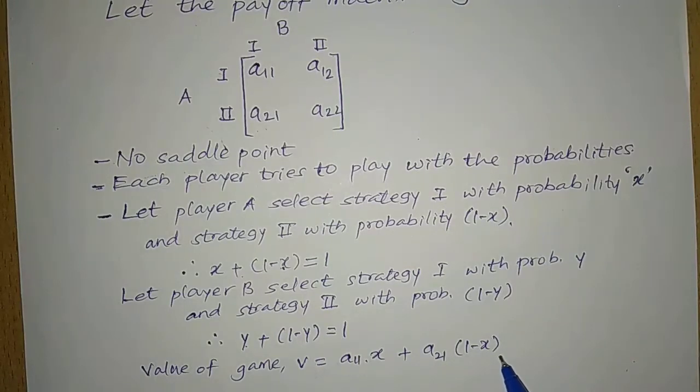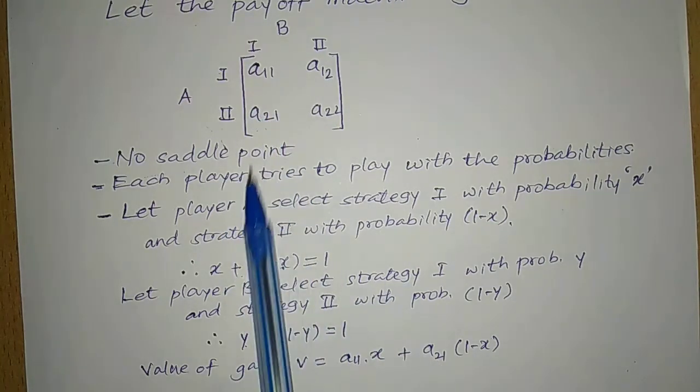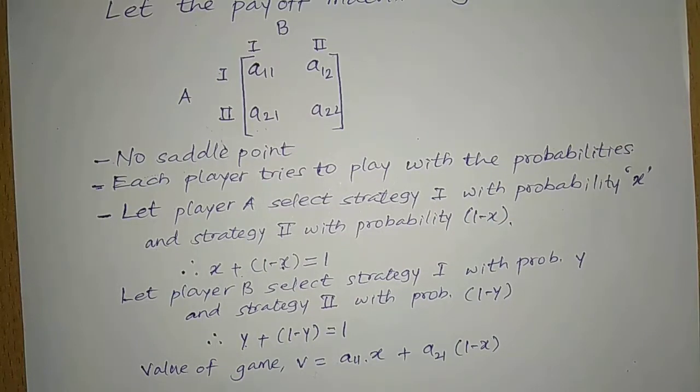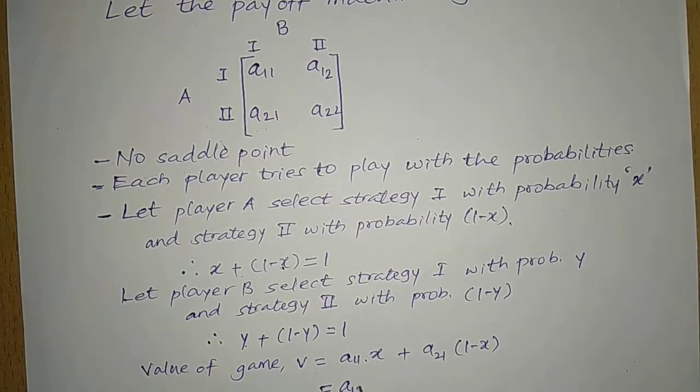It will give us the value of game, that is the gain of player A. Here we assume that the opponent player B uses strategy 1 throughout. Suppose player B uses strategy 2 throughout, then the value of game will be a12 x plus a22 into 1 minus x. So the value of game does not change if a strategy is played throughout.